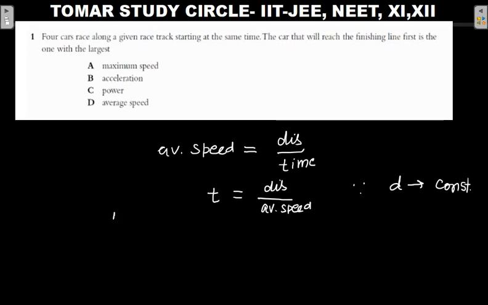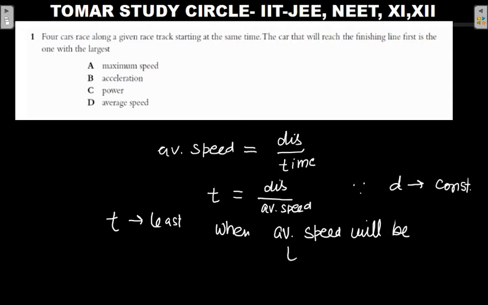So t will be least when average speed will be highest or largest. Okay, the correct option is answer B.